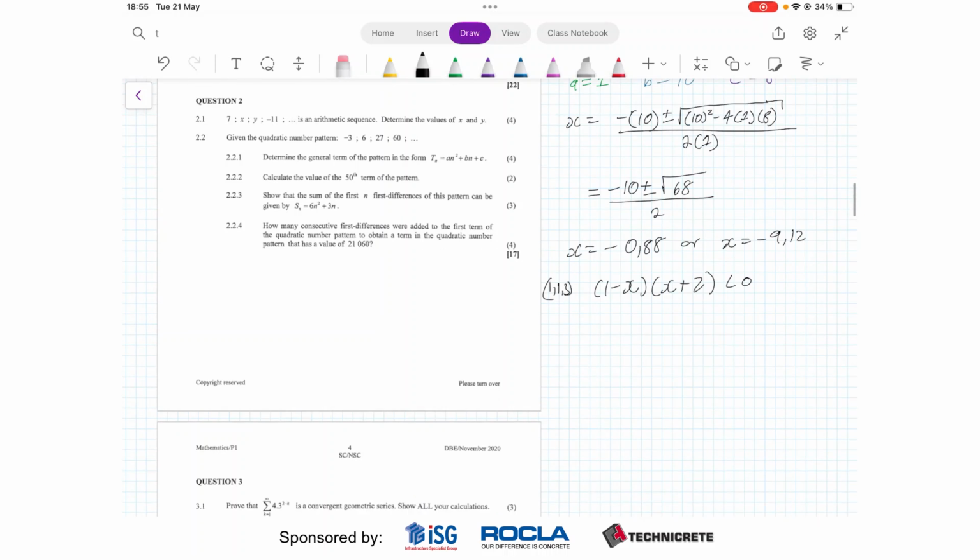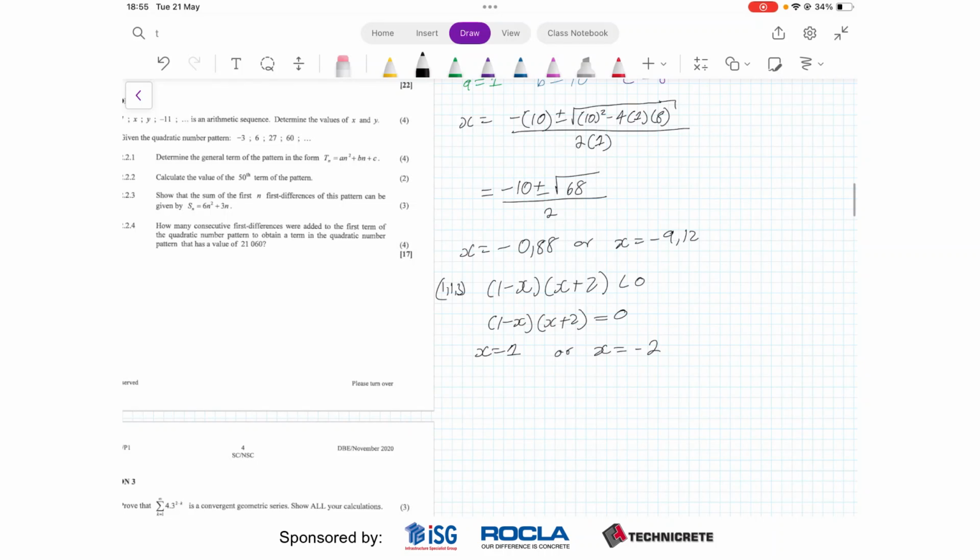A trick I like to use, to make this make a little more sense for me, is to substitute the inequality sign for an equal sign. So I would say 1 minus x, times x plus 2, is equal to 0, which tells me that x equals 1 or x equals minus 2.